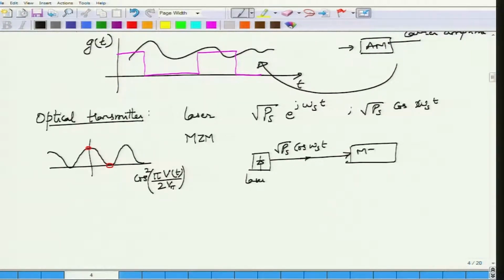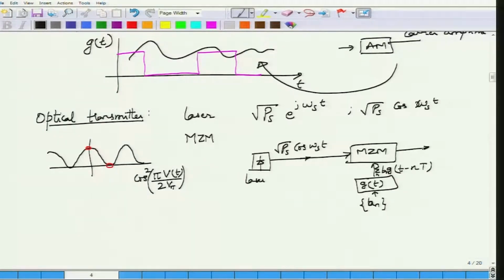If you take this and connect it to an MZM, then to the MZM you give the sequence you want to transmit, after shaping. The sequence Bn goes through the transmit filter g of t, generating the sum over all n of Bn g of t minus nT, and this goes to the MZM.